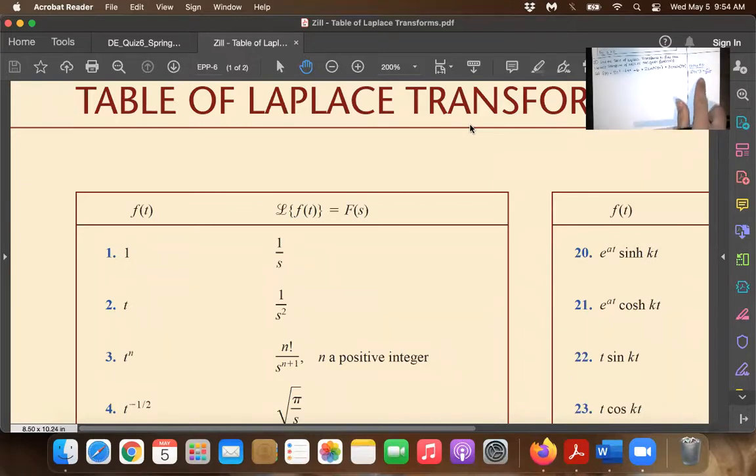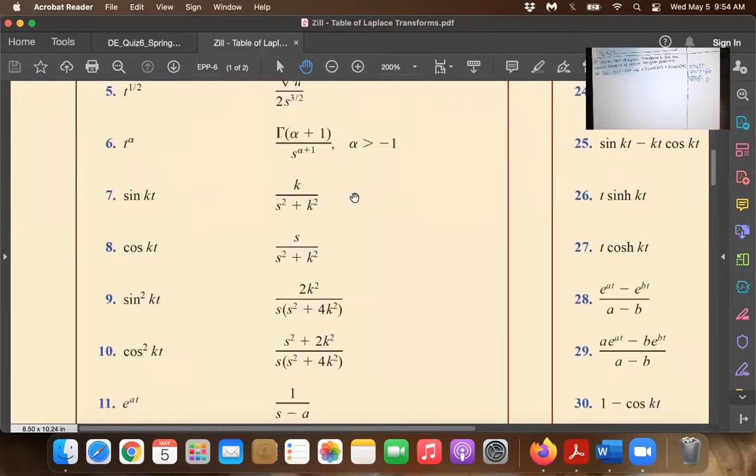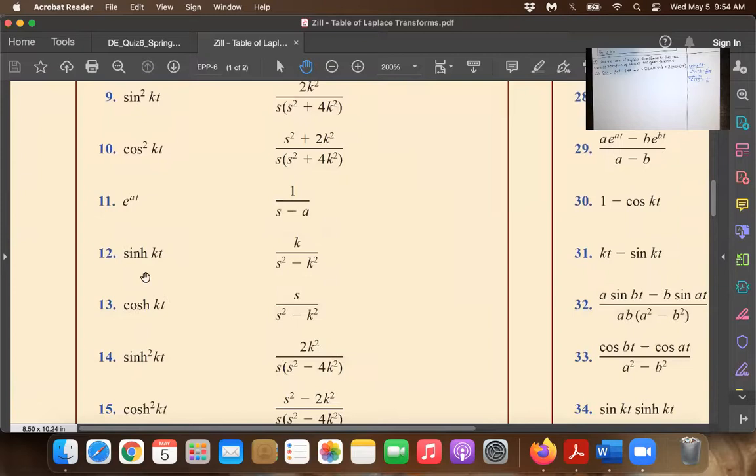Okay, so I wrote that down, and I've got a constant here. So I will use the Laplace transform of 1 for that, because that's just -6 times 1. The Laplace transform of 1 is 1 over s. That's entry number 1 in our table. Then I have the hyperbolic sine and hyperbolic cosine functions. So I'm scrolling. There I am at number 12 and number 13.